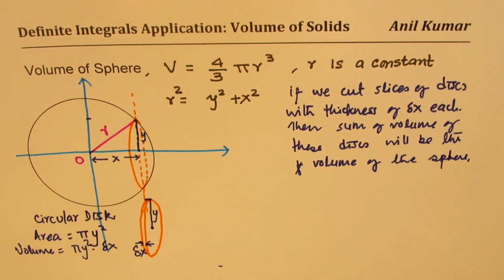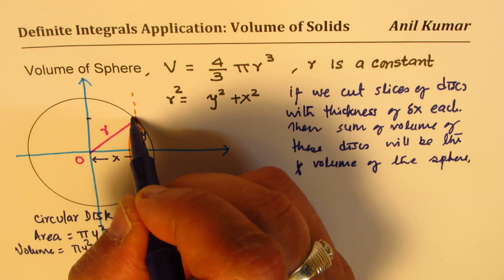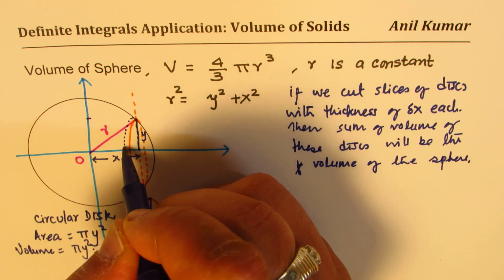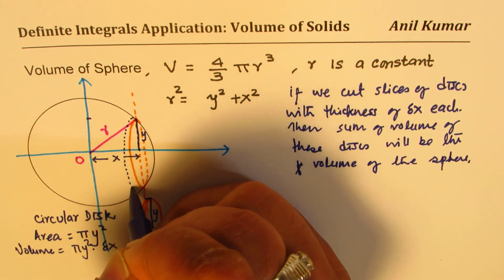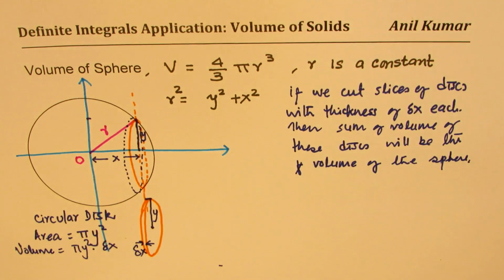Is that clear? Right. So if we cut into such discs, many of them, right, and then add their volumes, then we get the total volume of the sphere, correct?